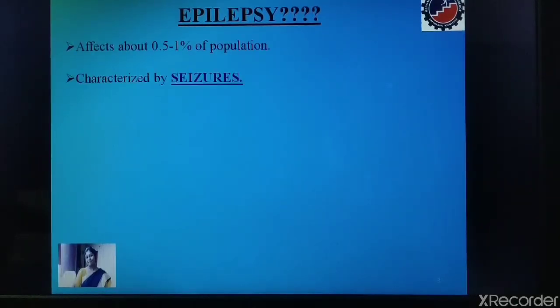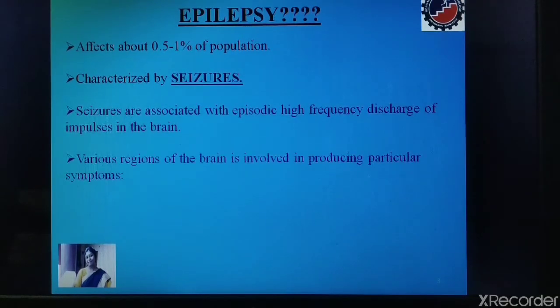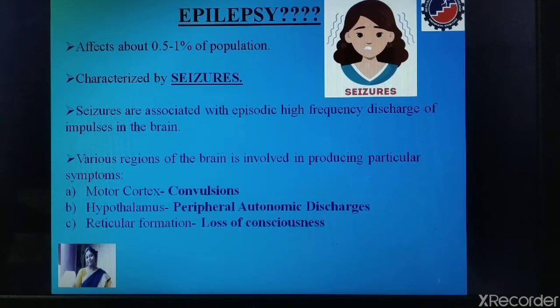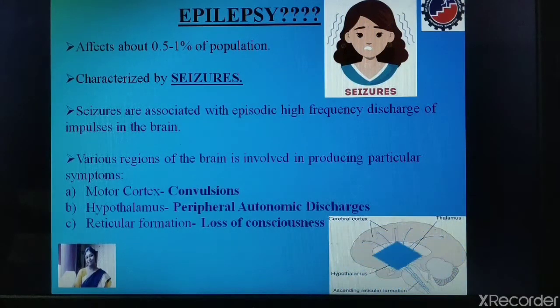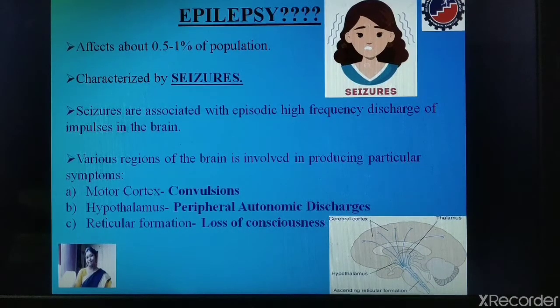Epilepsy is a very common CNS disorder affecting about 0.5 to 1% of the population. The characteristic event in epilepsy is the seizure. Seizures are associated with episodic high-frequency discharge of impulses by a group of neurons in the brain.